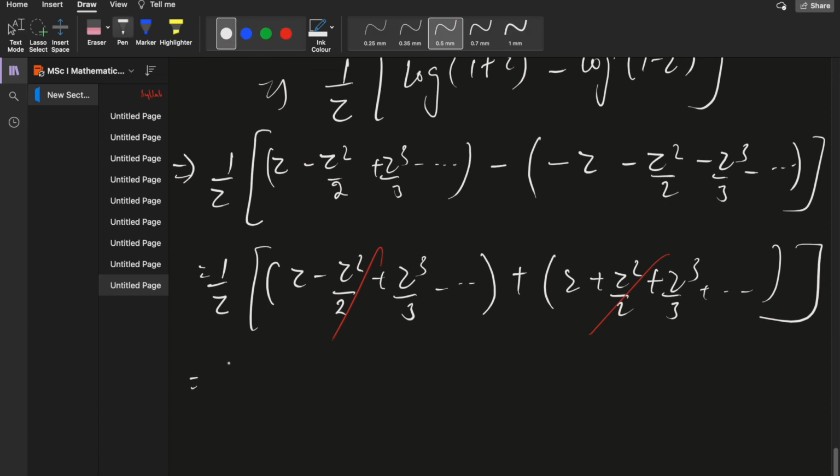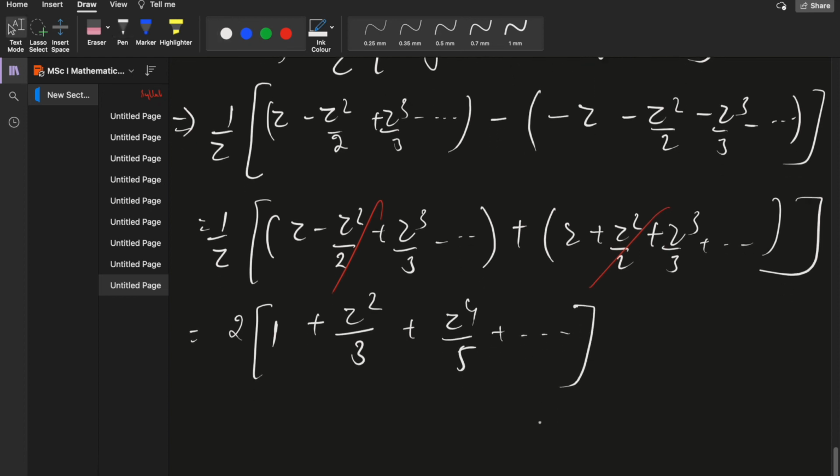So the left quantity will be, when we add, 2z, and we have z in the denominator. On solving this we will get 2 common. First term: z and z cancel out, so this will give me 1, then after that z cube and the denominator is z, so it will give me z square upon 3, then z to the power 4 upon 5, and so on.